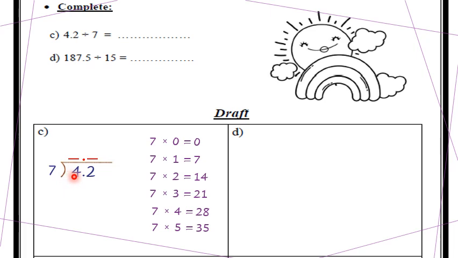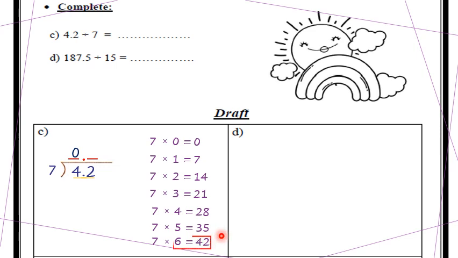Now let's start. 4 divided by 7. It can? Of course, no. So I will write 0. How to make this number bigger? By selecting the next number. So it will be 42. Now let me check here. I stopped at 35, so I must continue. 7 multiplied by 6 equals 42.